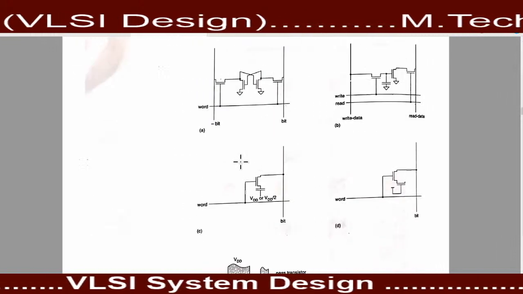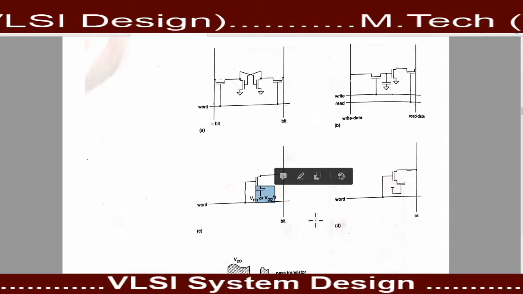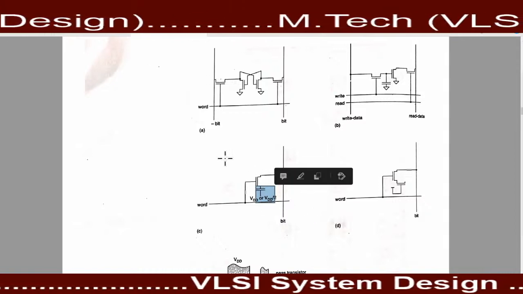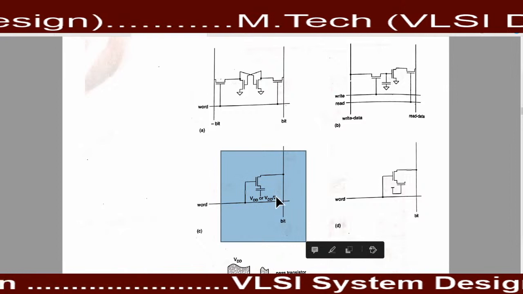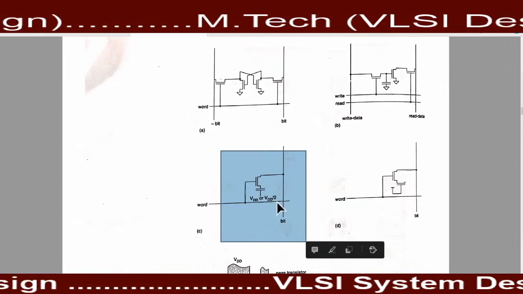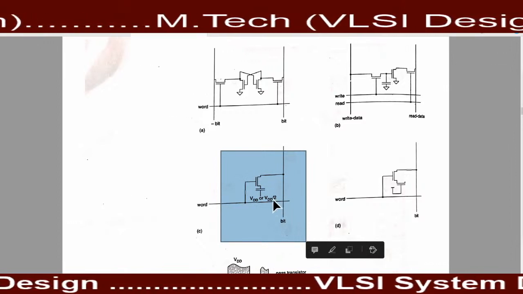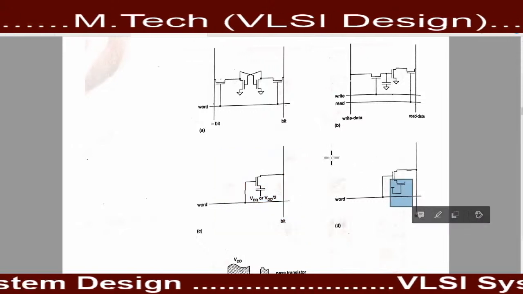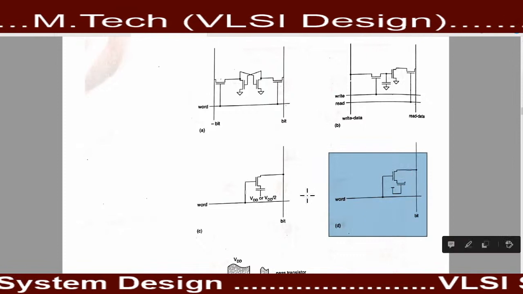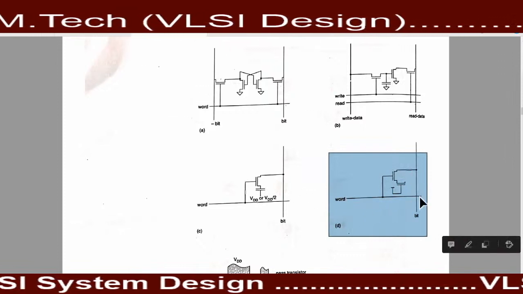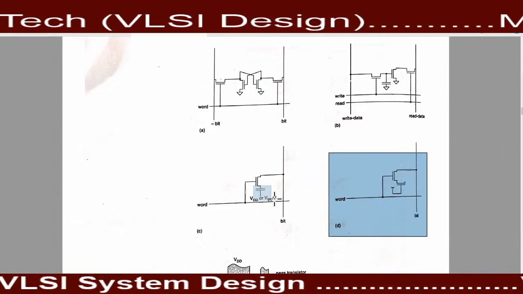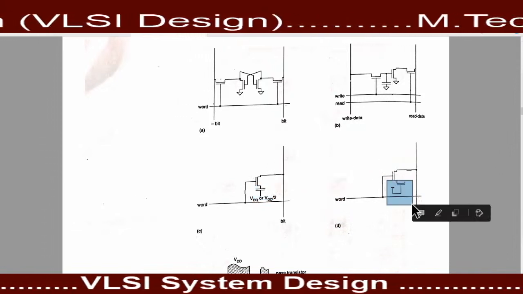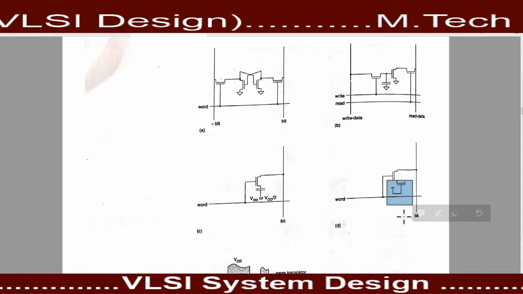Okay, here you can see the capacitor is present over here. When we connect a transistor with a capacitor, this type of memory structure is known as DRAM. We can also eliminate the capacitor by using this type of transistor connection combination.